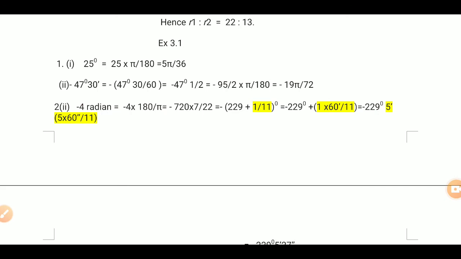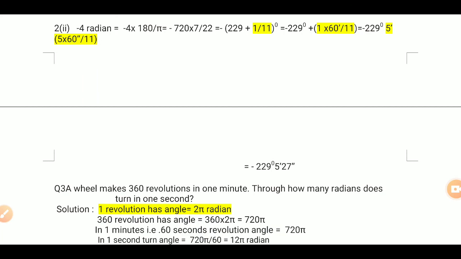Here 5 minutes are full, but 5 by 11 is part of minute. So we convert it into second. So this will equal to 5 into 60 second by 11. Thus after calculation we get 229 degree, 5 minute and 27 second approx. So this will be the answer.